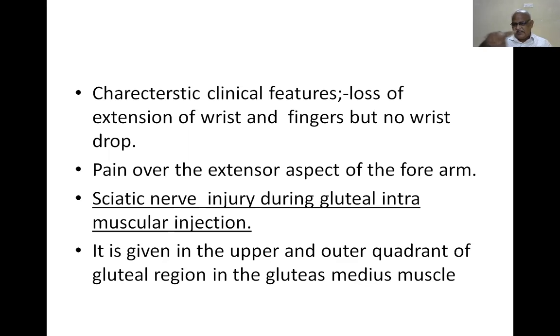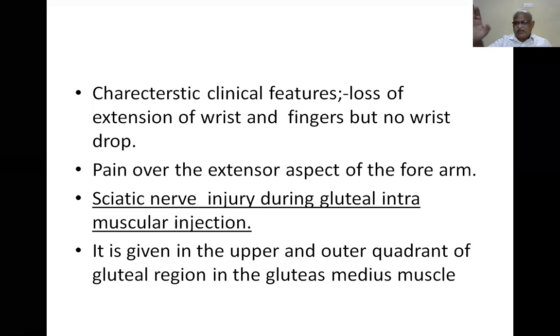So this is the upper and outer, or upper lateral, quadrant. You have to give the intramuscular injection in the middle of the upper outer quadrant of the gluteal region.